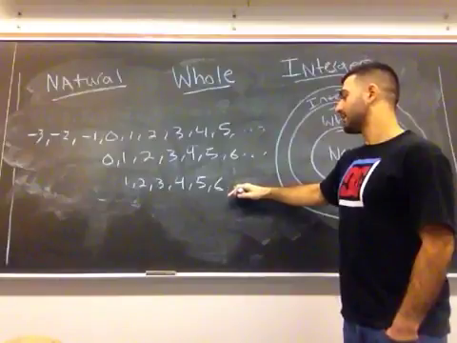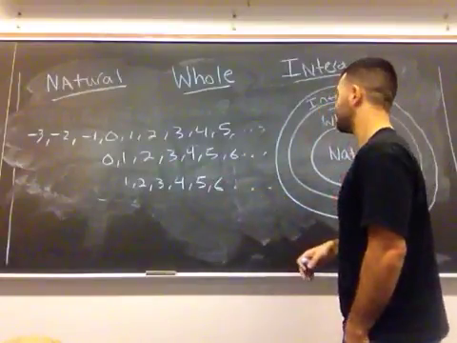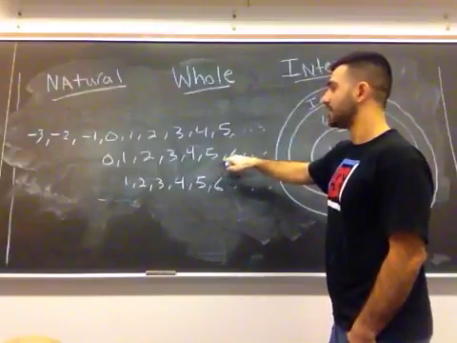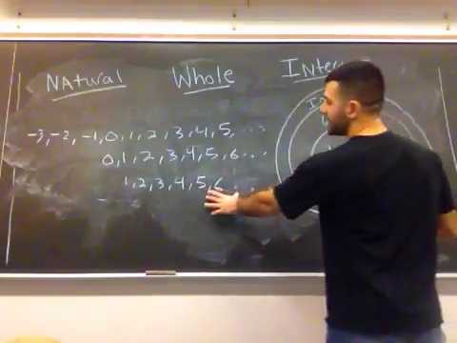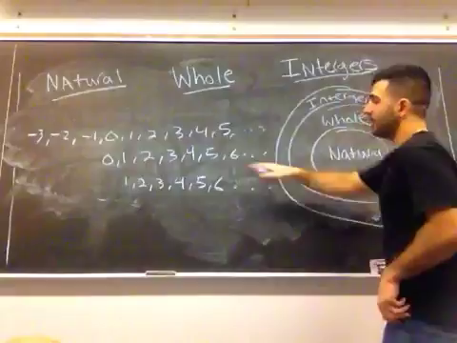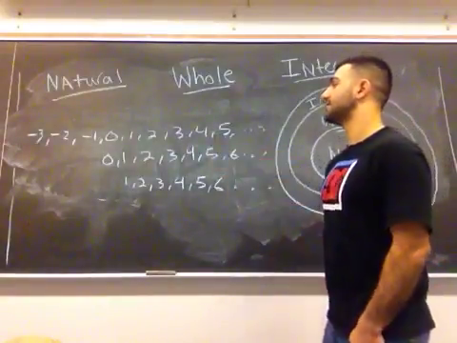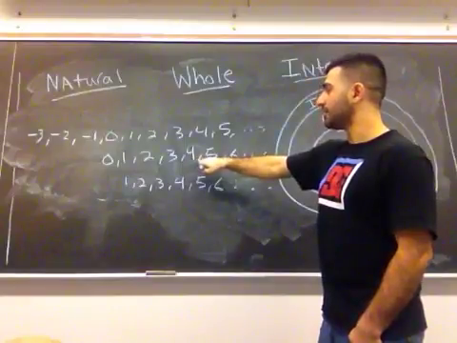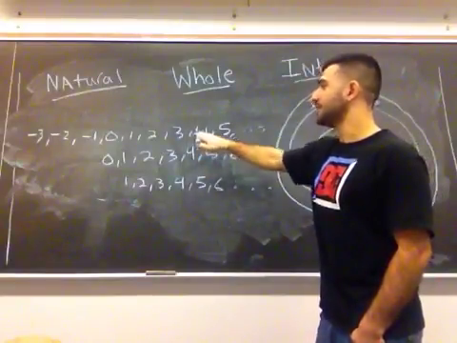If I generalize, natural numbers are contained in the whole numbers, so any number that's a natural number is also a whole number. The whole numbers are contained in the integers, so any whole number you give me is also an integer.